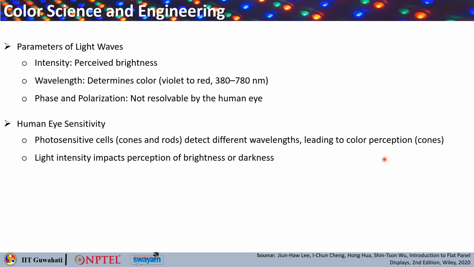So, rod and cone cells are basically specialized photoreceptor neurons in the retina that convert light into electrical signals.